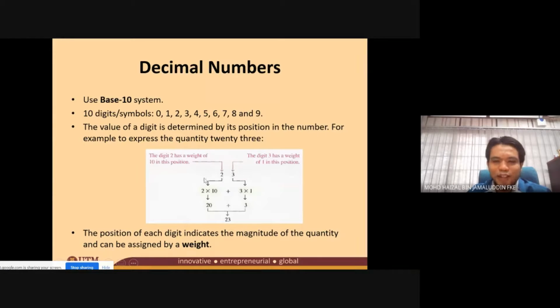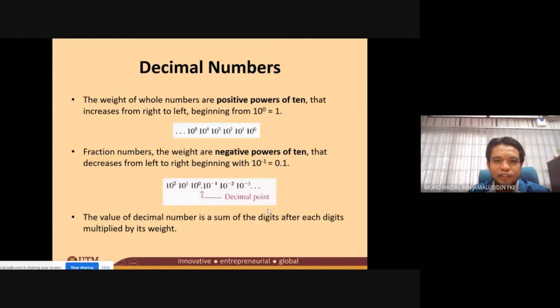So don't feel stupid about this, because later on you will understand what the use of this weight is. Okay, the weights of whole numbers are positive powers of 10 that increase from right to left, beginning with 10 to the power of 0, which is equivalent to 1.